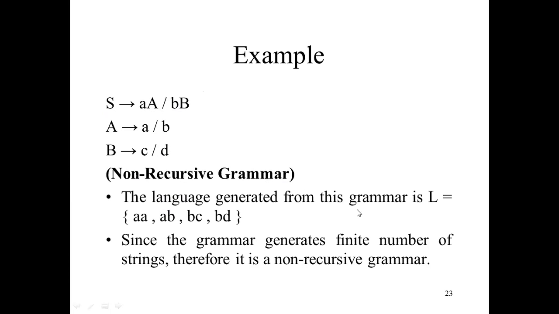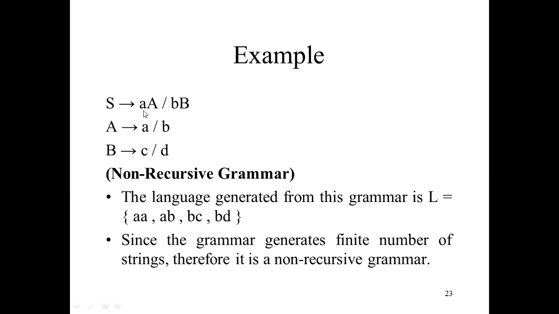The language generated from this grammar is L. Now we can use AA, because A is equivalent to a or b, so we can replace the A by a and get aA.